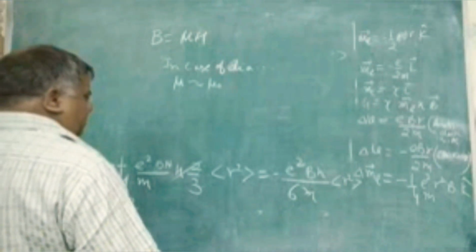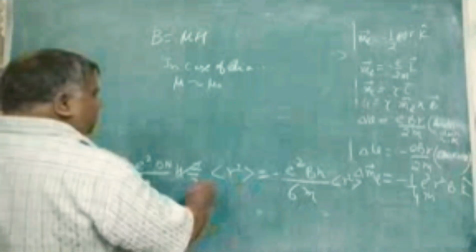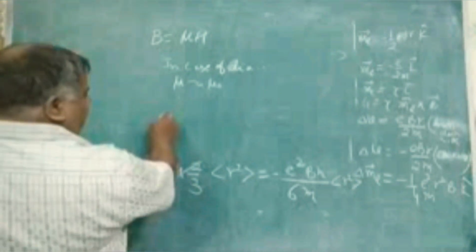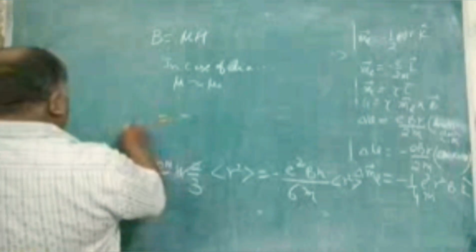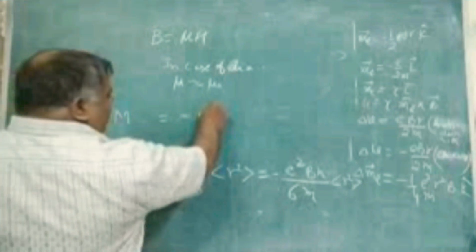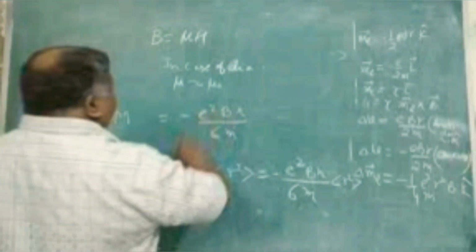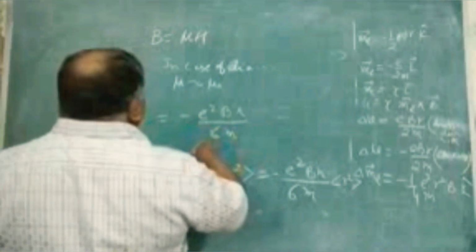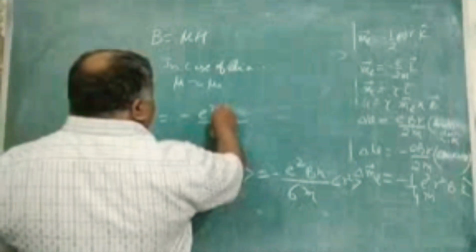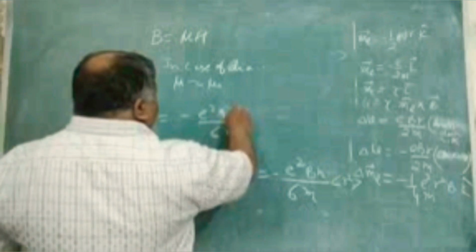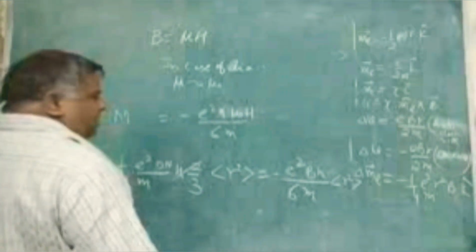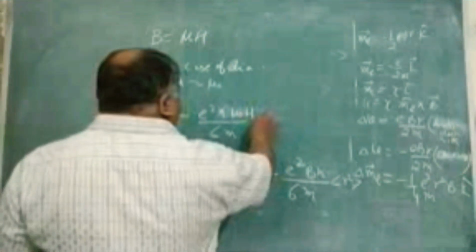So let us put it here, M equal to minus e square B n R square over 6m, and B equal to mu H. So let us replace this by H with mu naught and this R square.